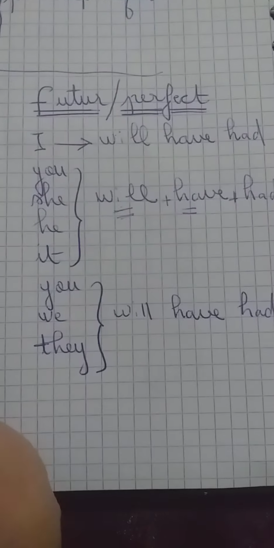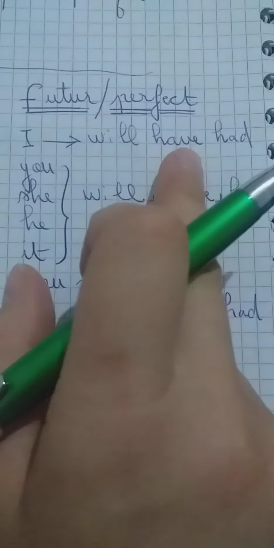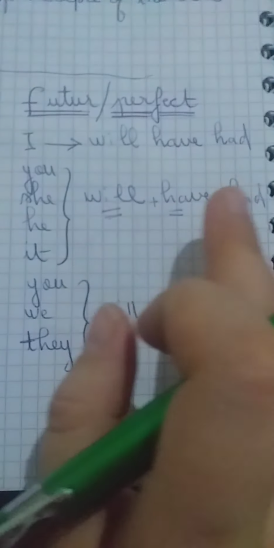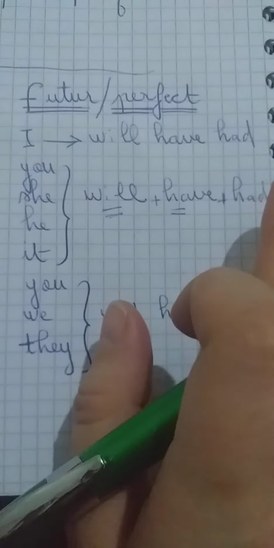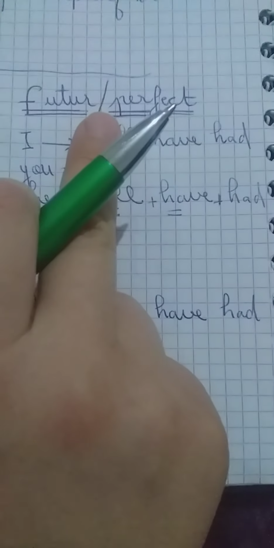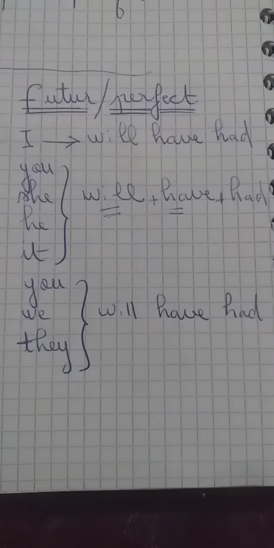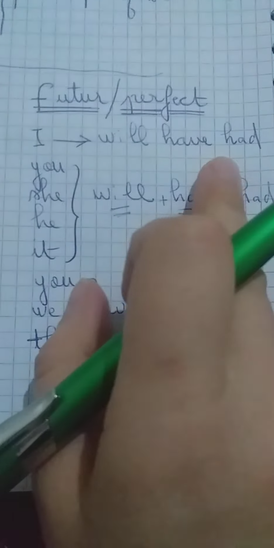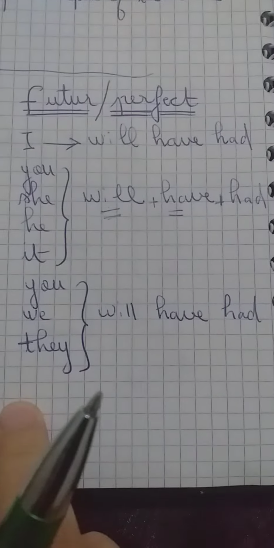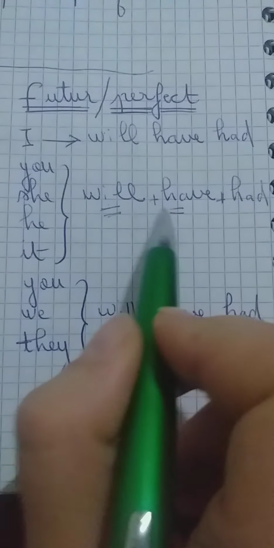On parle ici de to have, the auxiliary to have in future perfect. On dit I will have had, parce que had c'est le participe passé de l'auxiliaire to have, comme on a dit avant. Donc future perfect with all personal pronouns c'est will have had.